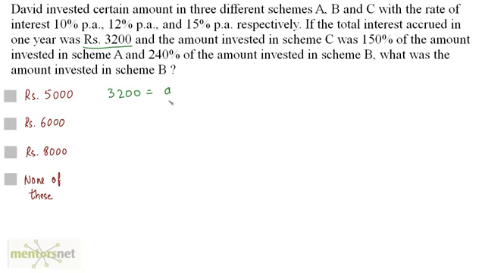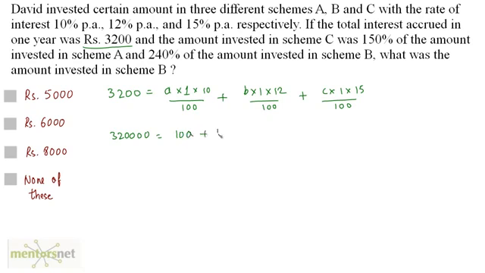So P is A times N is 1 year times the rate is 10 upon 100, plus the interest got from scheme B, that's B times 1 times the rate 12%, 12 by 100, plus the interest got from scheme C, and that's C times 1 times 15%, so 15 by 100, right? 3200 times 100, so add 2 more zeros, is equal to 10A plus 12B plus 15C.